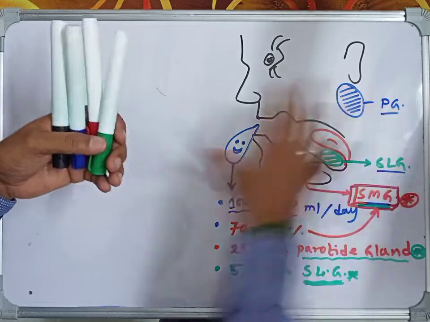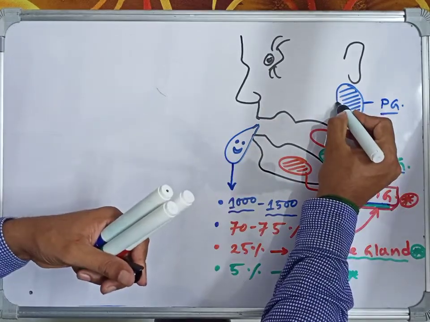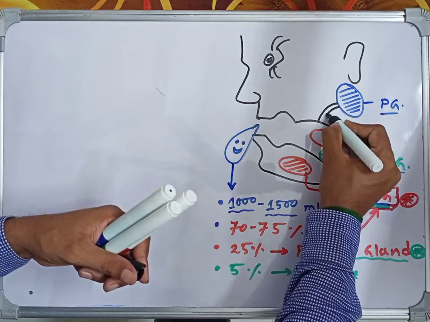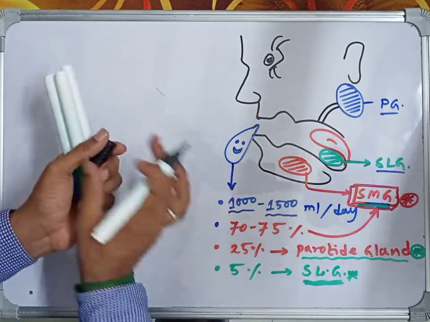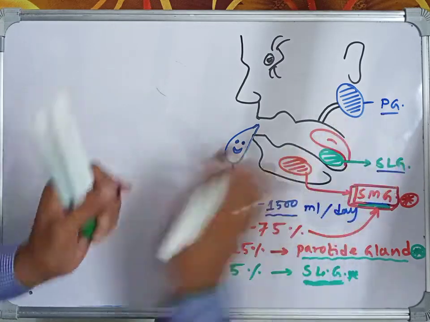the duct of all those salivary glands, right? So the duct of this parotid gland opens near the second molar of what? Our upper jaw.